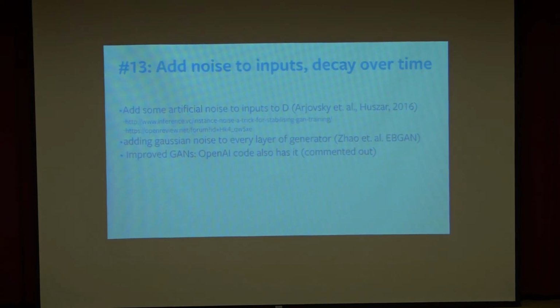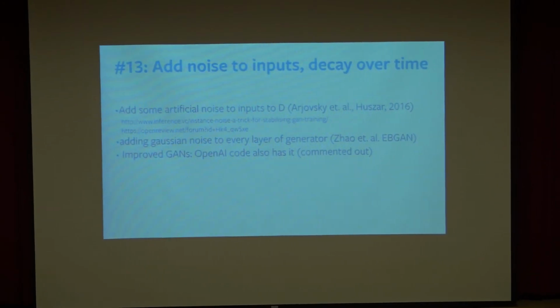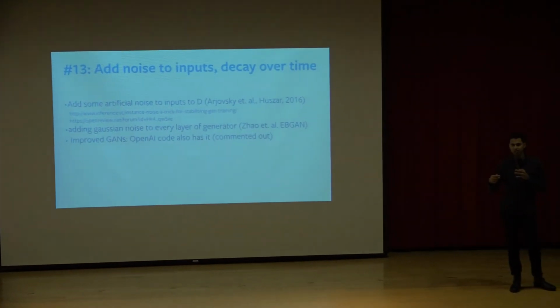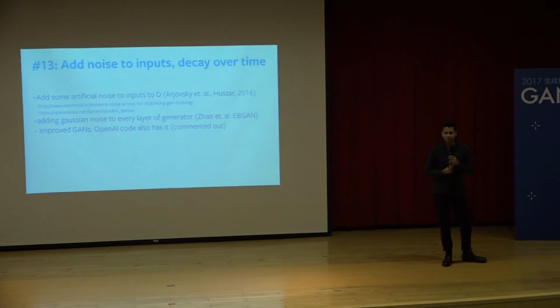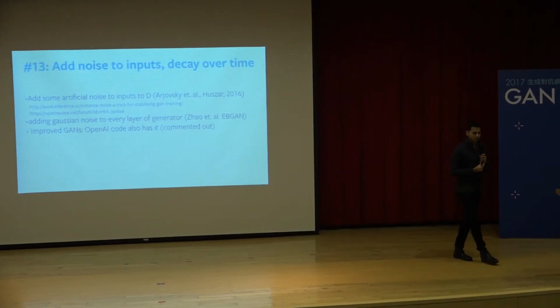Some papers actually said that if you add noise to your inputs, that is, initially in training, you just add some noise to your inputs. Like, let's say your input is images, you just add lots of Gaussian noise so that the inputs look very, very noisy.